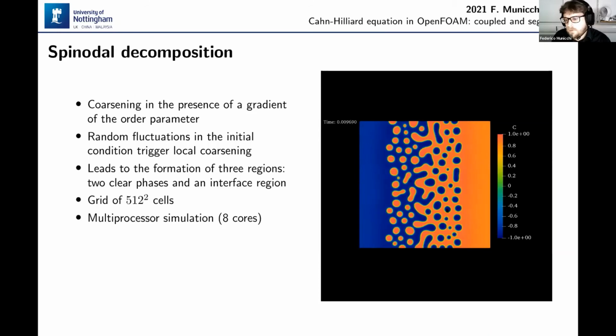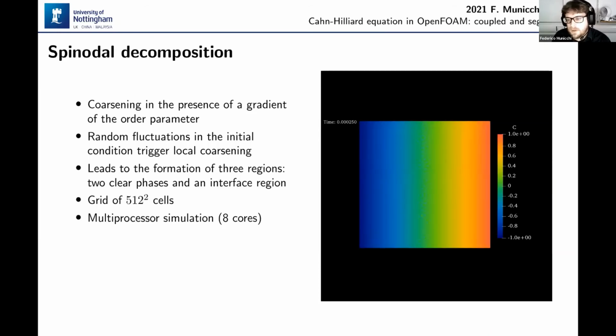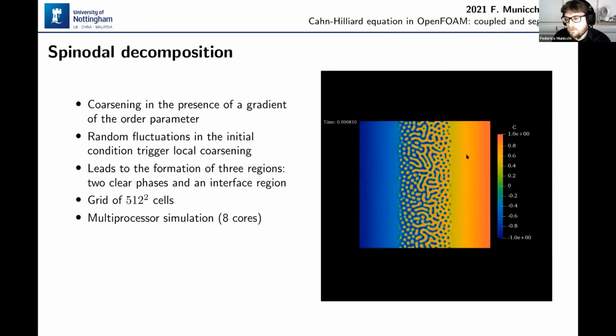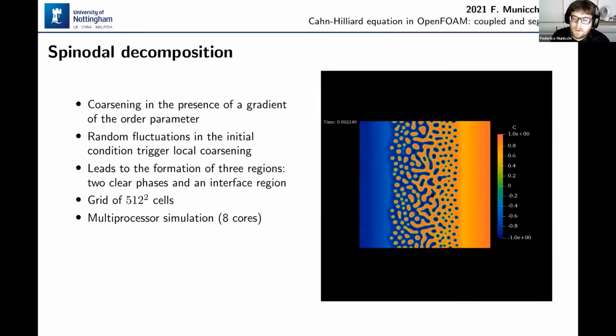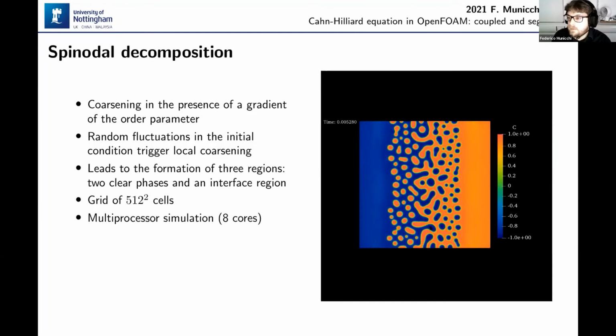And you have three regions: one region of clear phase, another region of clear phase, and a region at the interface, where some coarsening phenomena happen. If you let the simulation run long enough, you will end up with a flat interface.